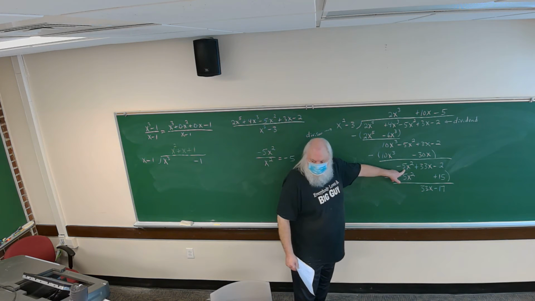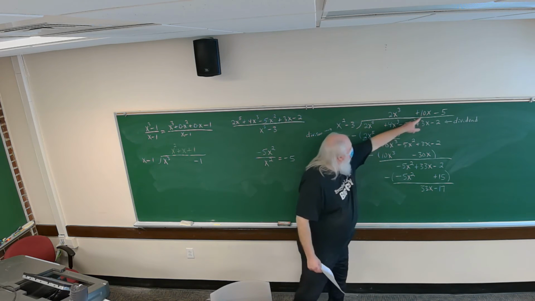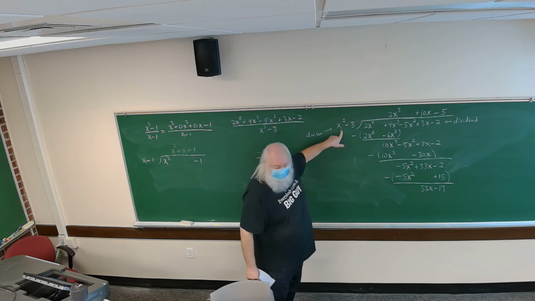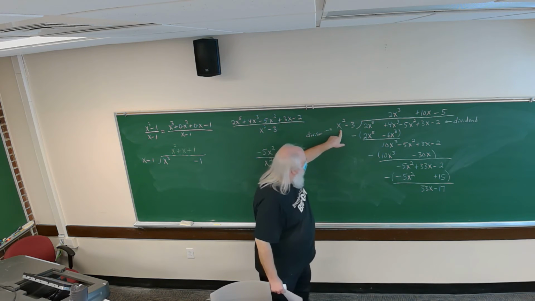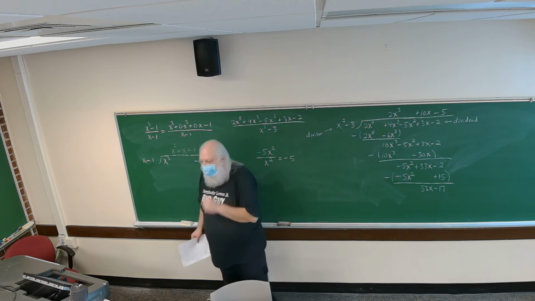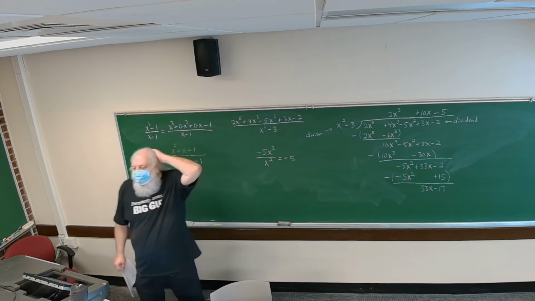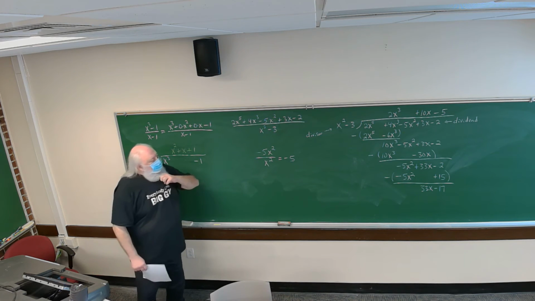So where did you get the 0 from? Well, there's nothing there. When I multiply 10x times x squared minus 3, I get 10x cubed minus 30x. Oh, okay. There's no x squared term when you do that multiplication. Okay. Any other questions?